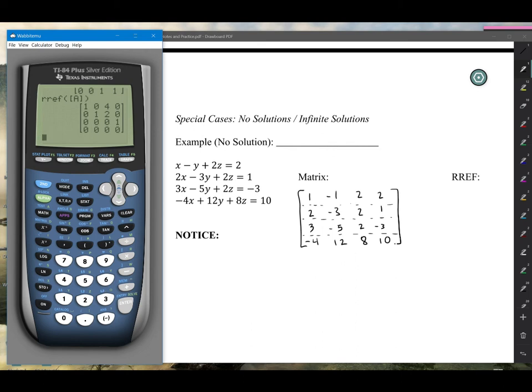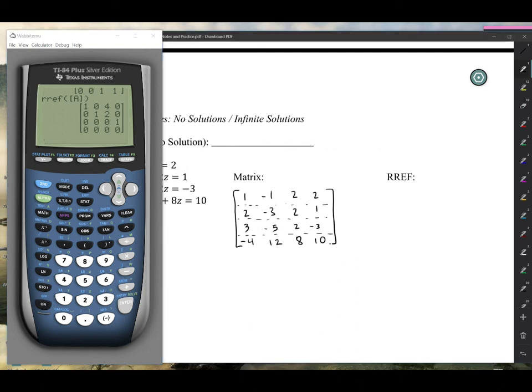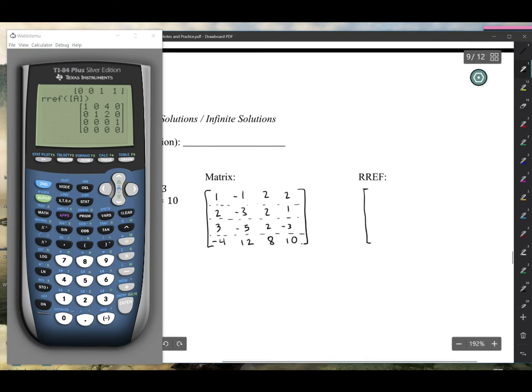Hit enter, and now I get this funky looking matrix. So as we use RREF, we get this matrix here, 1, 0, 4, 0. 0, 1, 2, 0, 0, 0, 0, 1, and 0, 0, 0, 0.